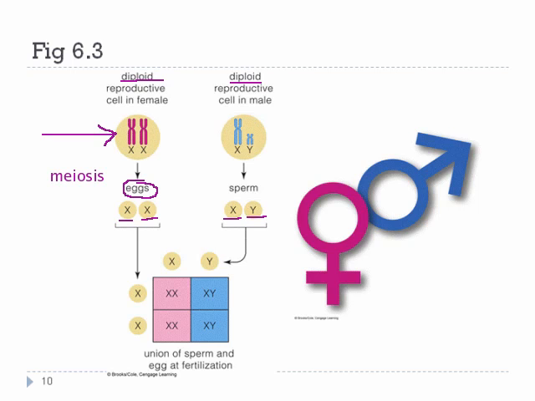And they're showing you a Punnett square, which is a way of representing genetic crosses. We're going to get more into Punnett squares later in the semester. But if the X from the male and one of the X from the female come together, your offspring is an XX. If the X from the male comes together with the other X from the female, then your offspring is also female.